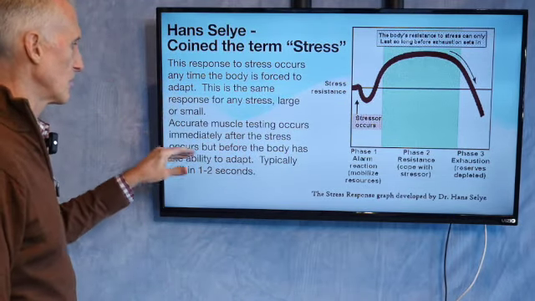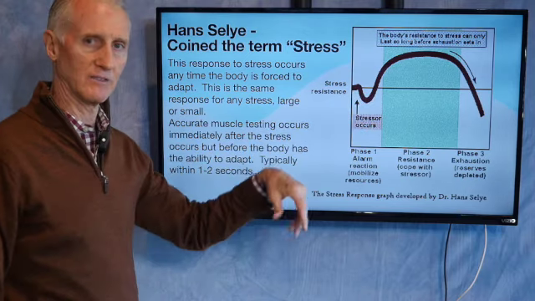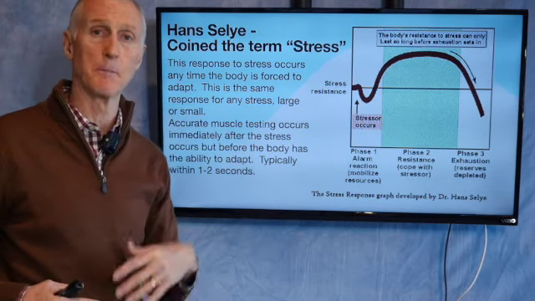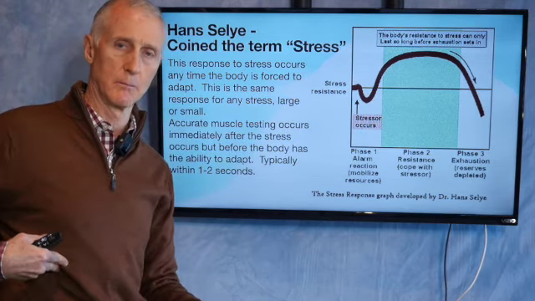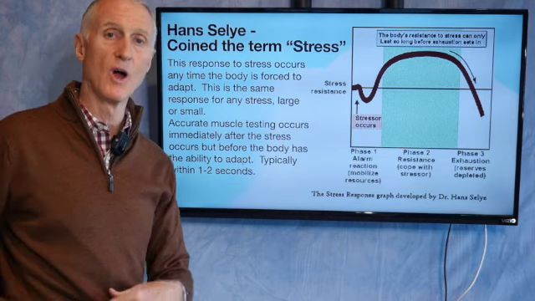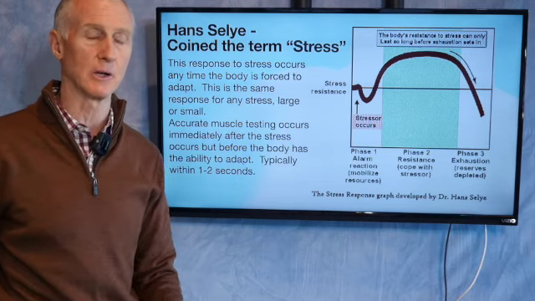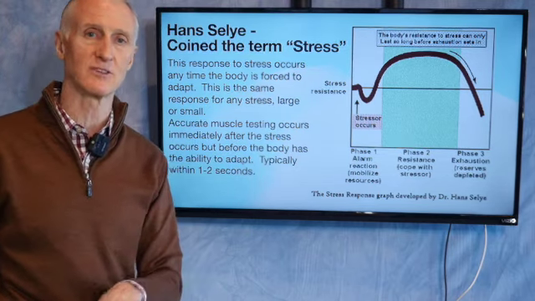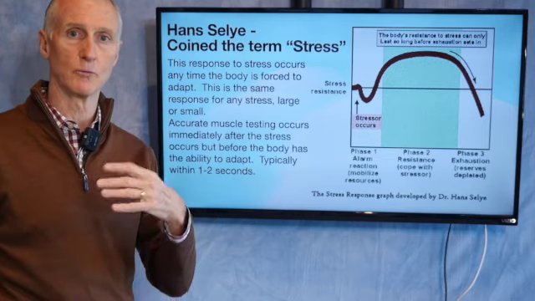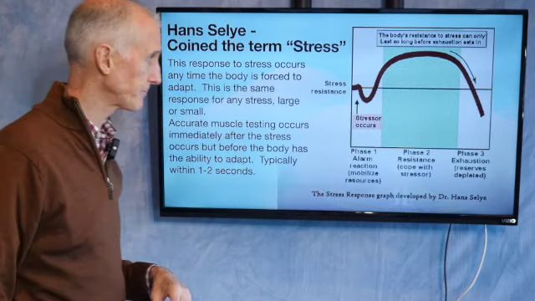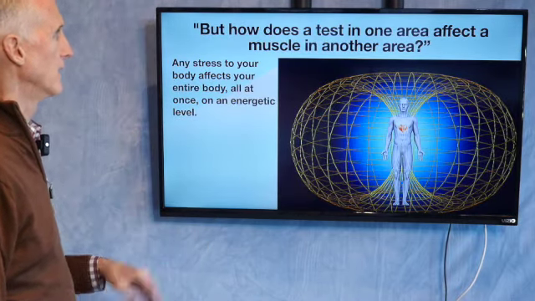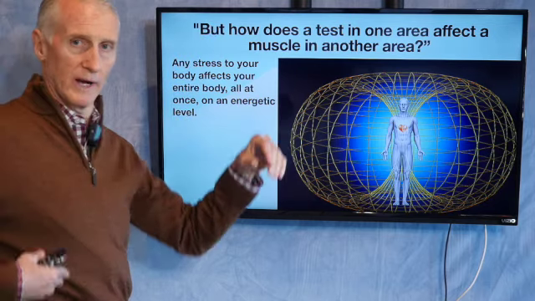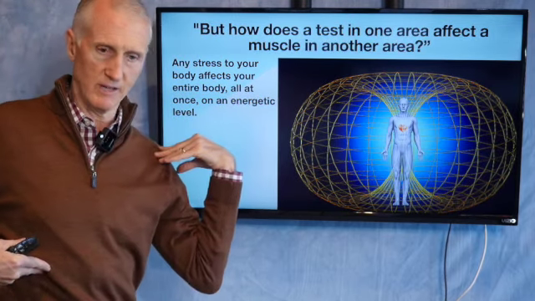Accurate muscle testing occurs immediately after the stress is applied, and the stress can be something extremely minor, I'm touching an acupuncture point, or something extremely major, like I was just involved in an automobile accident, or I broke a leg, or something really horrible like that. Either way, the body responds the same way. But how does a test in one area affect the other?